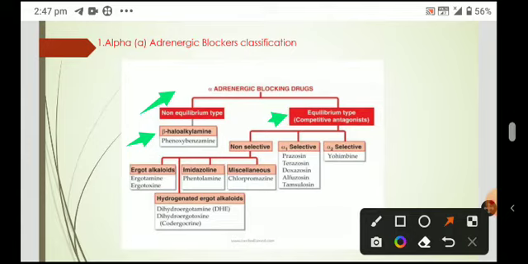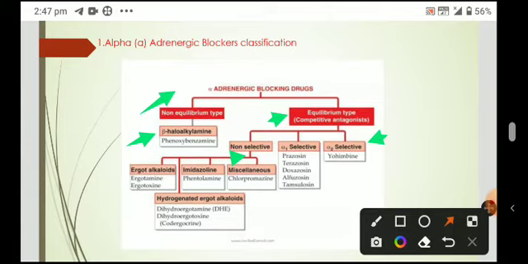The equilibrium type is divided into three subclasses: non-selective, alpha 1 selective and alpha 2 selective. The non-selective is again divided into four subclasses: ergot alkaloids, imidazolines, miscellaneous, and hydrogenated ergot alkaloids.